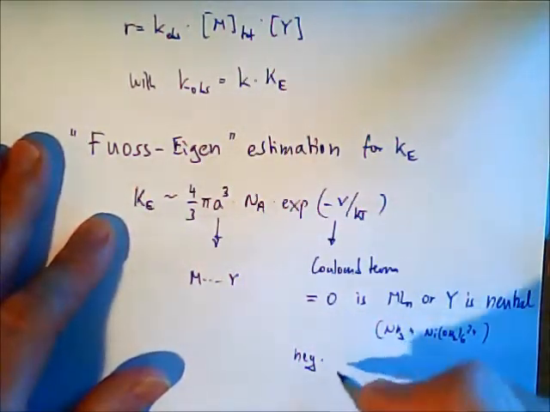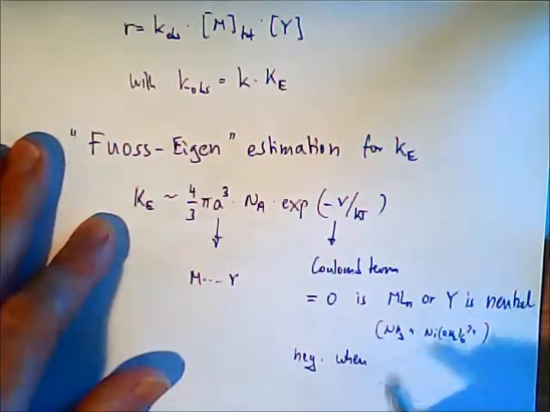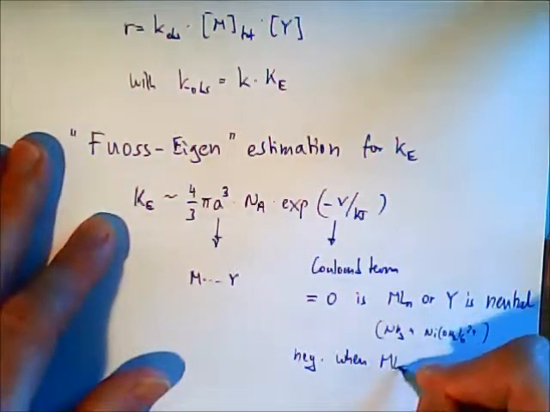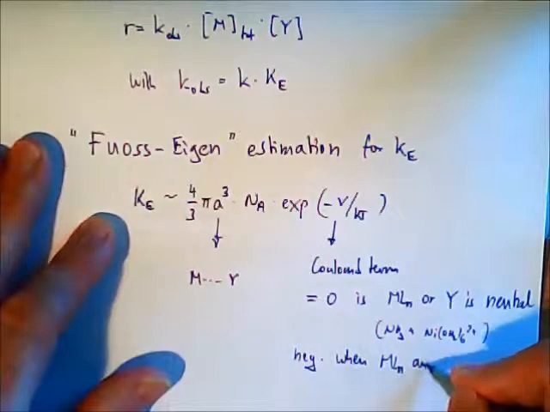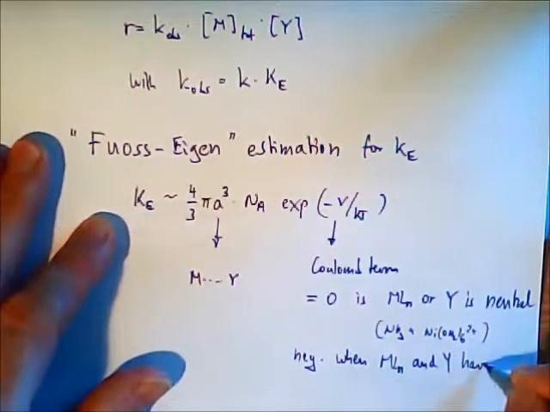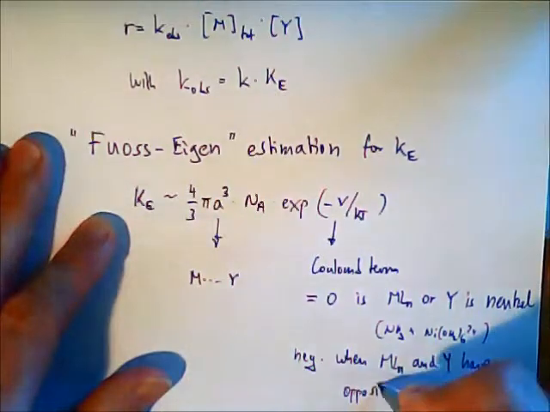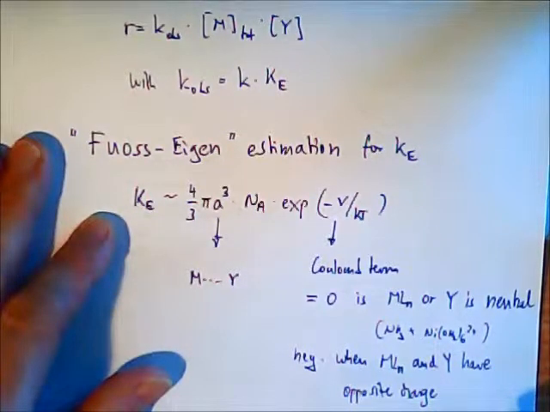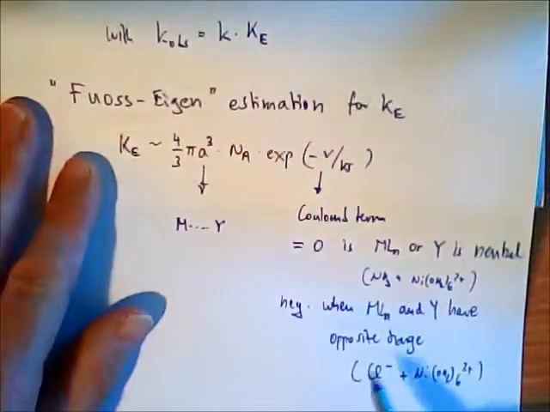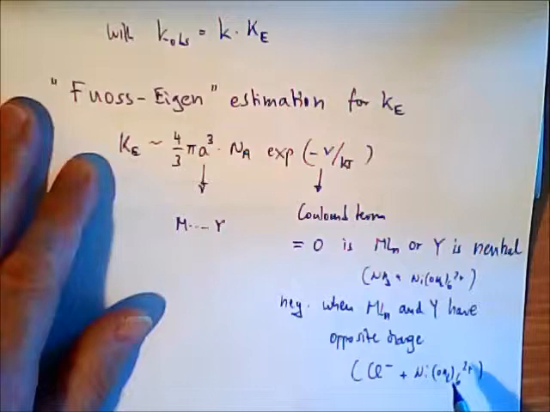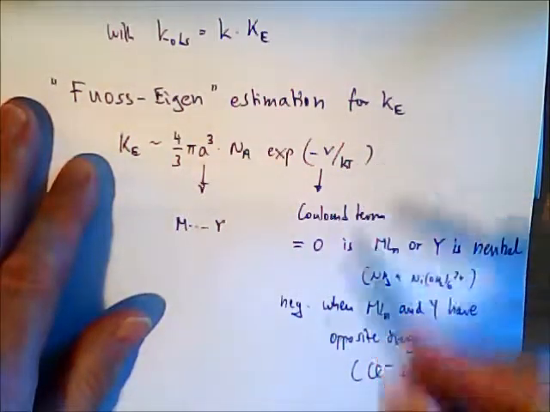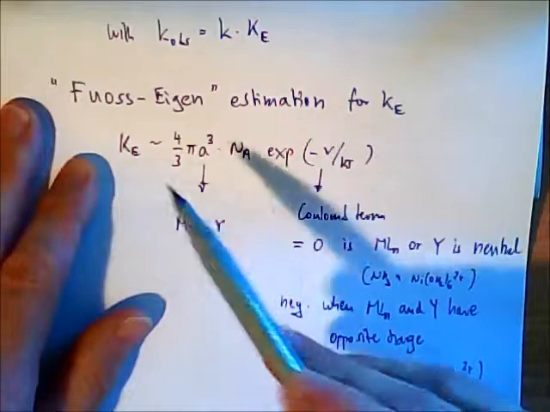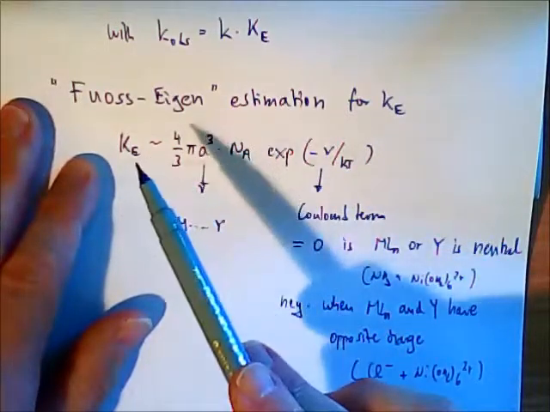This V becomes negative when MLn and Y have opposite charge. So for example, Cl- plus nickel hexaaqua compound, opposite charge, minus plus, and then this V term becomes negative, and then it has a big influence on this Ka.